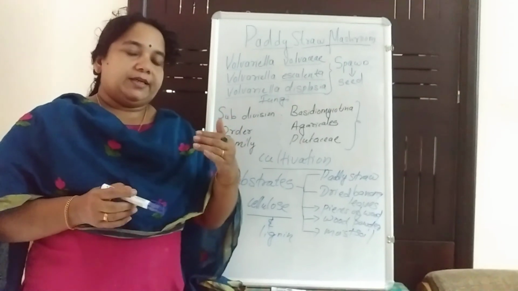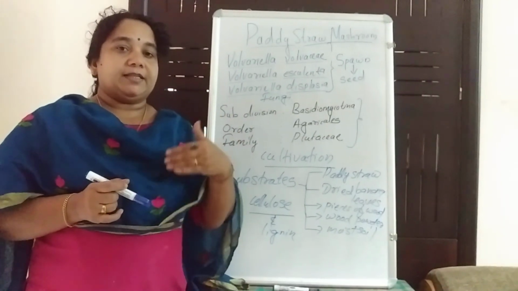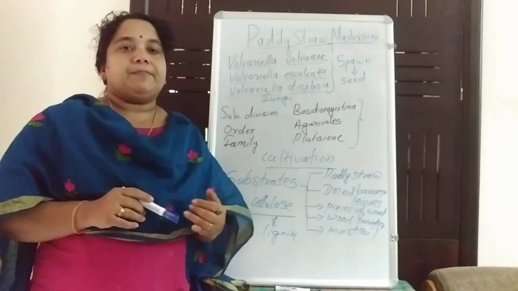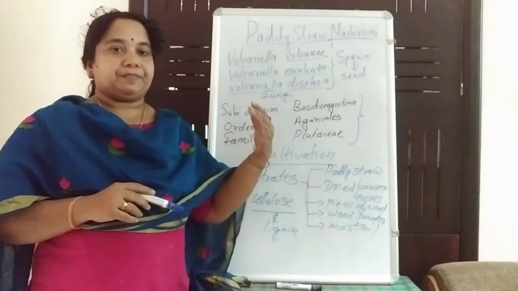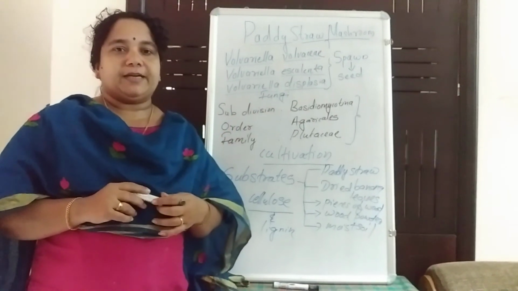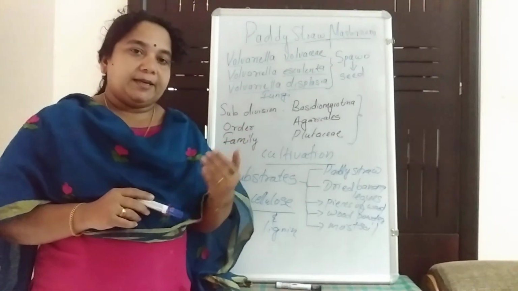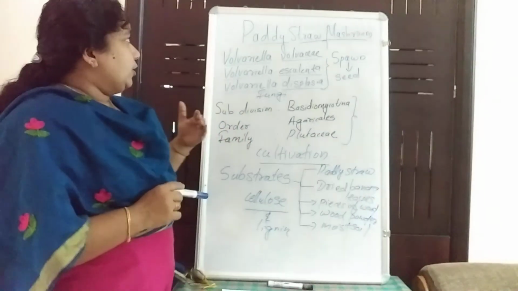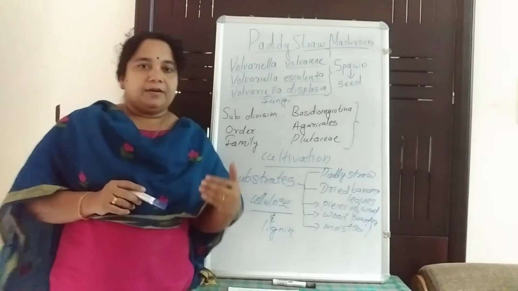Later we have to study the different methods of mushroom cultivation. There is the bed method, the field method, the polythene bag method of cultivation and so on. So here I am winding up.